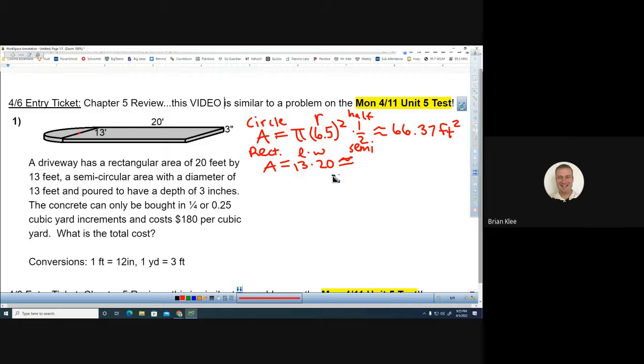13 by 20 for the rectangle gives me 260 feet squared. So my total area of the driveway would be that 260 plus 66.37 feet squared.